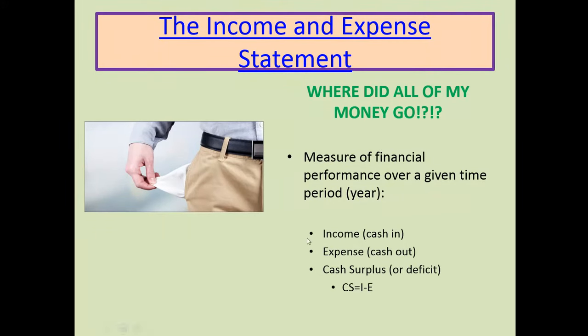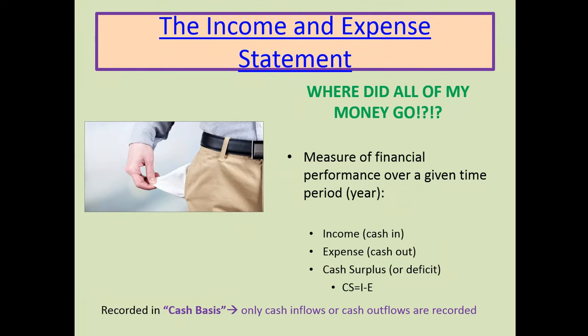It's going to combine all of your sources of income with all of your expenses, so your cash flows in and your cash flows out, to compute whether or not you have cash surpluses or deficits. And these are all recorded on a cash basis, which means money has to move for it to show up on the income and expense sheet.